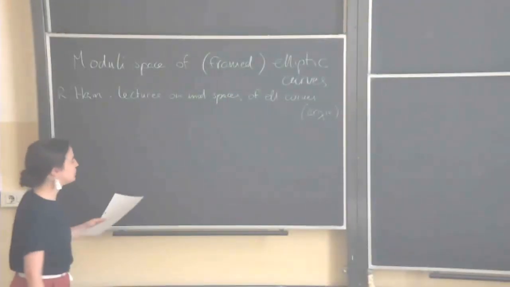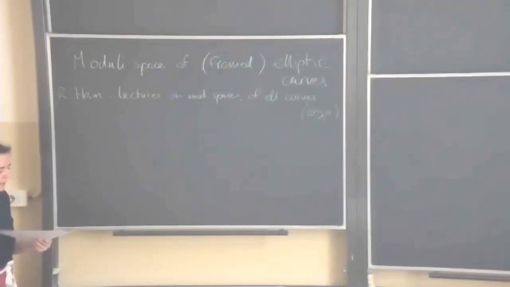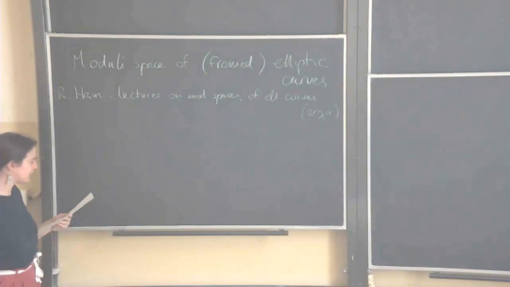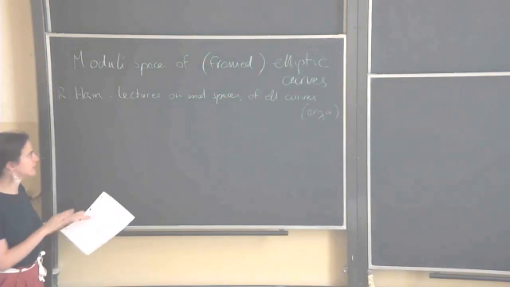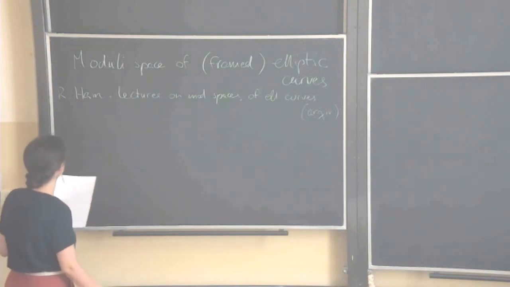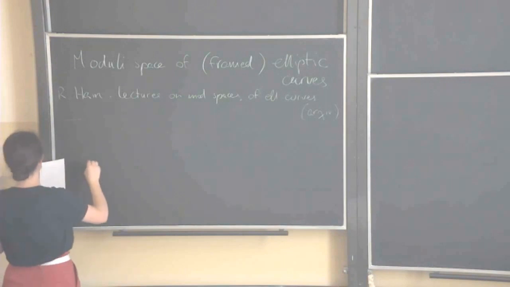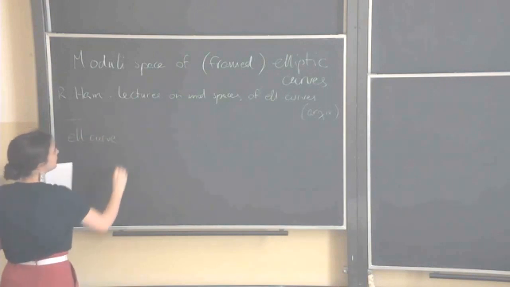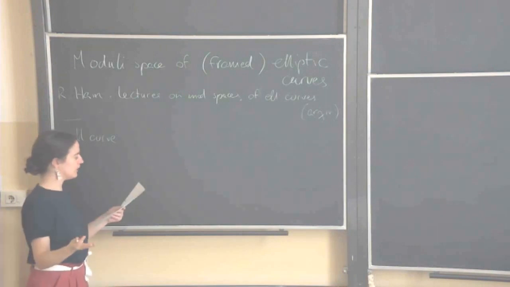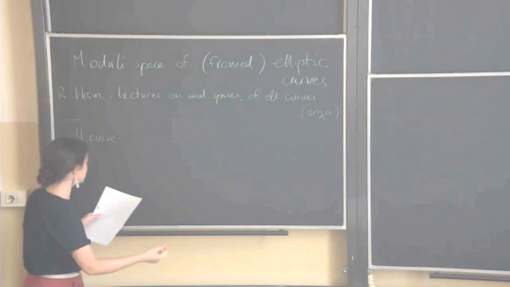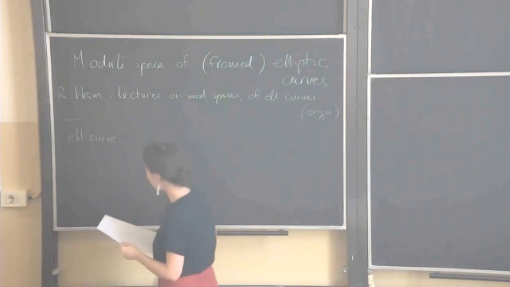First of all, I want to recap some things that Martina already told you last time, just to fix notations and ideas. For us, an elliptic curve: we have two points of view we can take to study them.